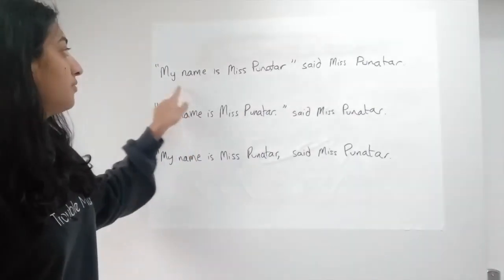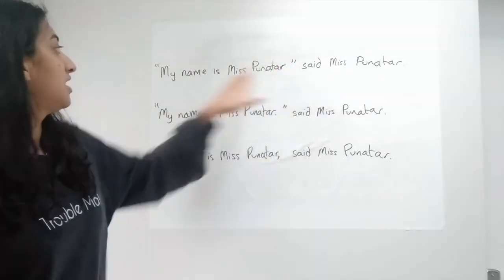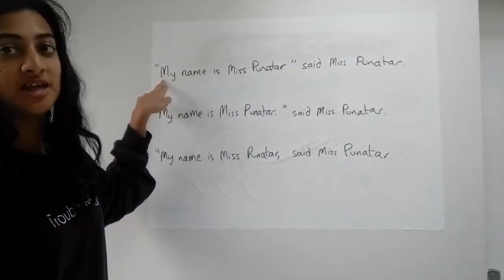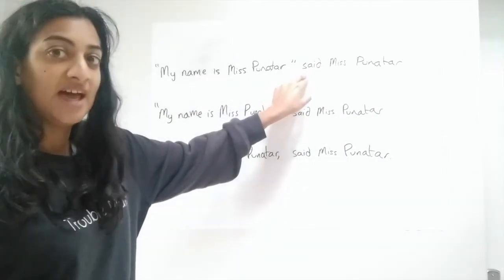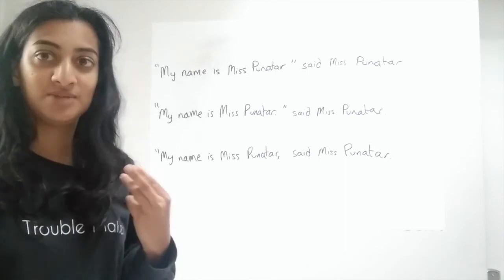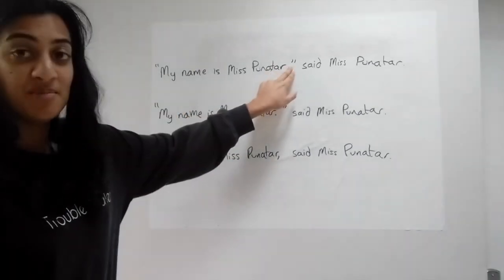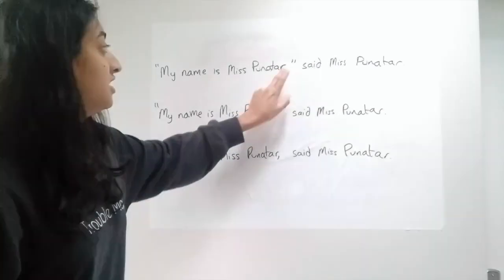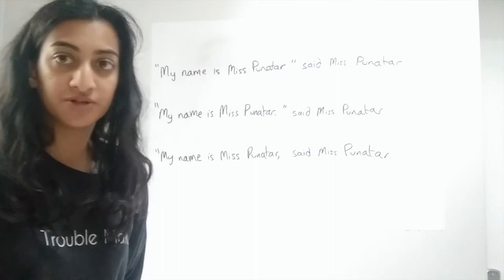In this version, what's happened is the person has correctly used the inverted commas, they've used a capital where a capital should be in the beginning of the speech clause, and they've used a lowercase where a lowercase should be at the beginning of the reporting clause. But they've forgotten that we always need punctuation at the end of the speech clause. They remembered their inverted commas, but they've forgotten that before the inverted commas, we need something to end the speech clause.